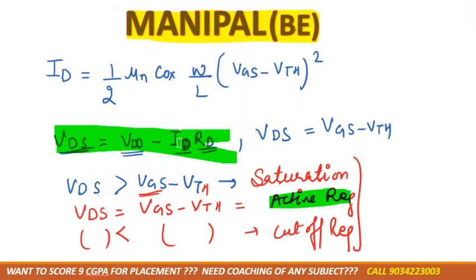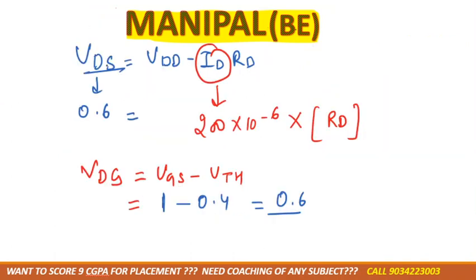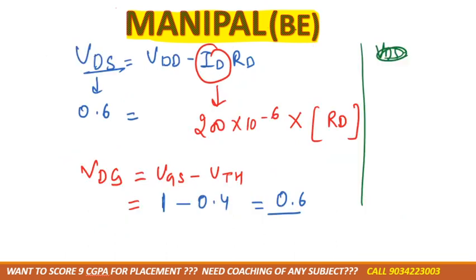Yeah, VDD is given. If I put it in this form, then we can substitute the value over here. Then we'll get RD. Understood?